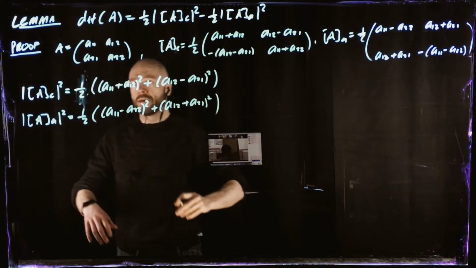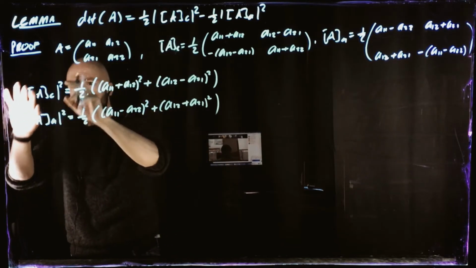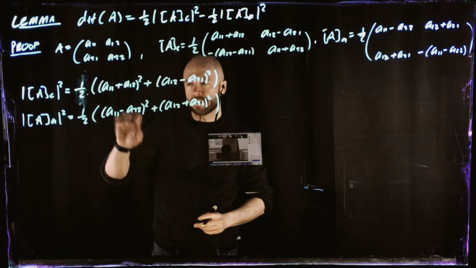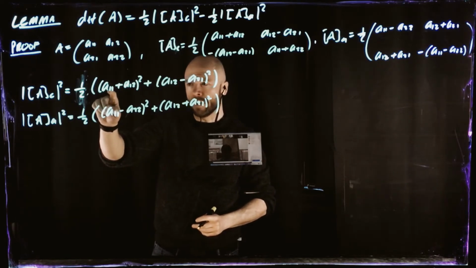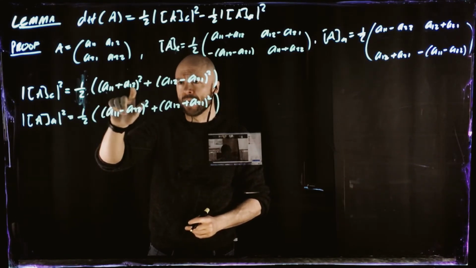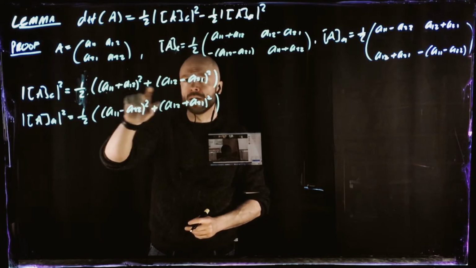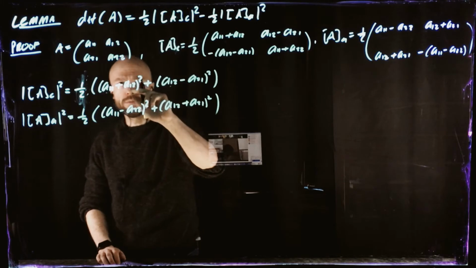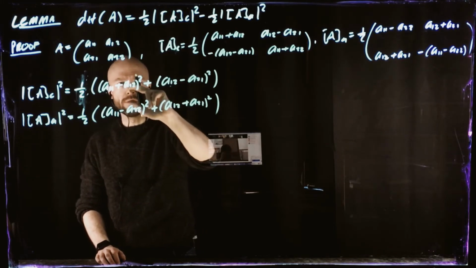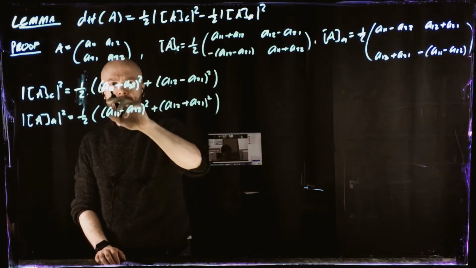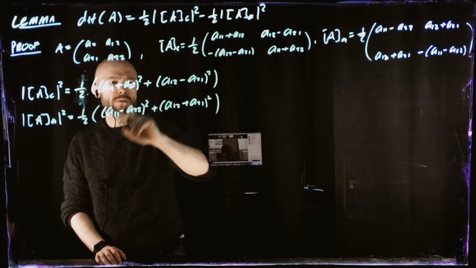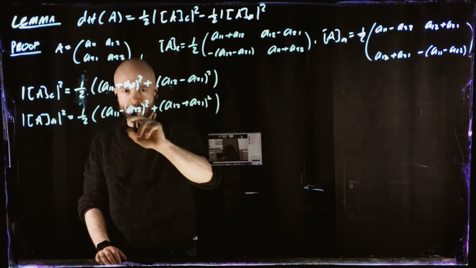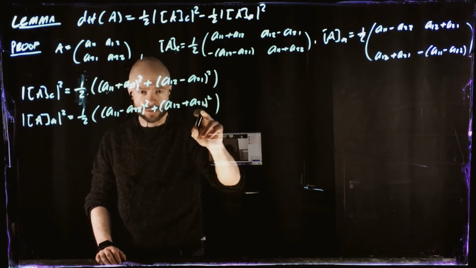So if we take half of this guy minus a half of this guy, what should be clear from these expressions is that the A11 squared, the A22 squared, the A12 squared, the A21 squared will be cancelled by these guys here.